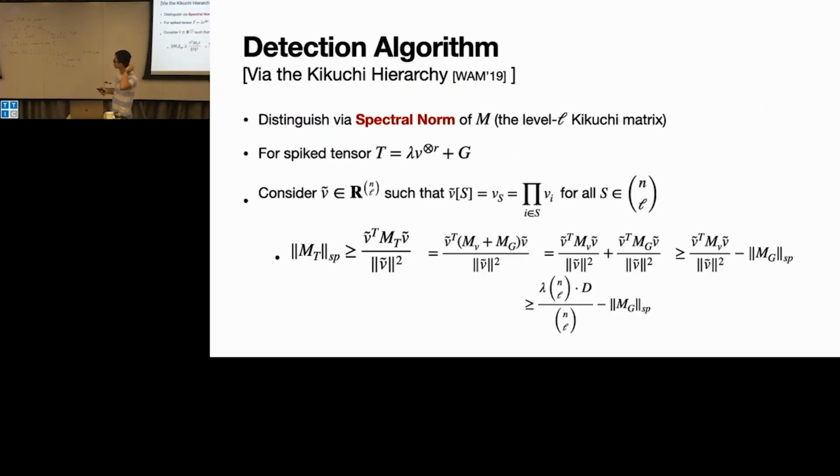So at this point, what would you say is the motivation of considering this Kikuchi matrix? There is not only one matrix or one algorithm that gives you the tight threshold, but I think it's just easier to analyze. There are other matrices you can consider. Just to check that I understand it right, it will actually be the sum of independent Gaussian matrices where every matrix corresponds to a single value of the tensor entry.